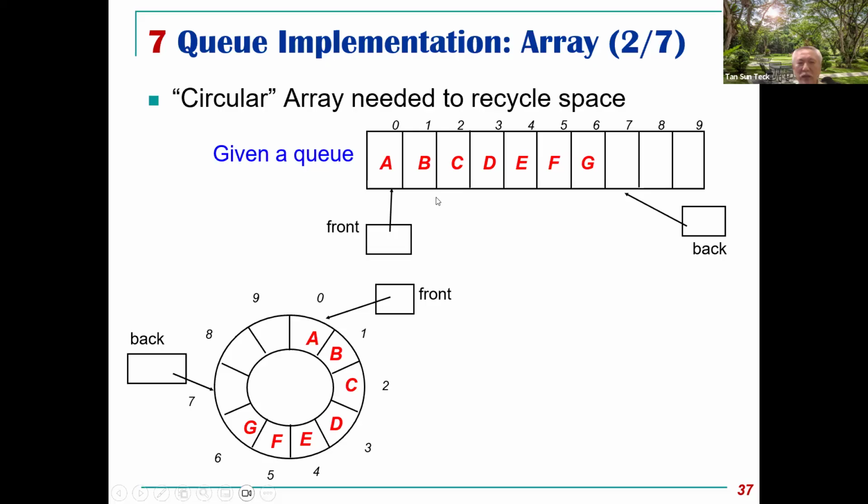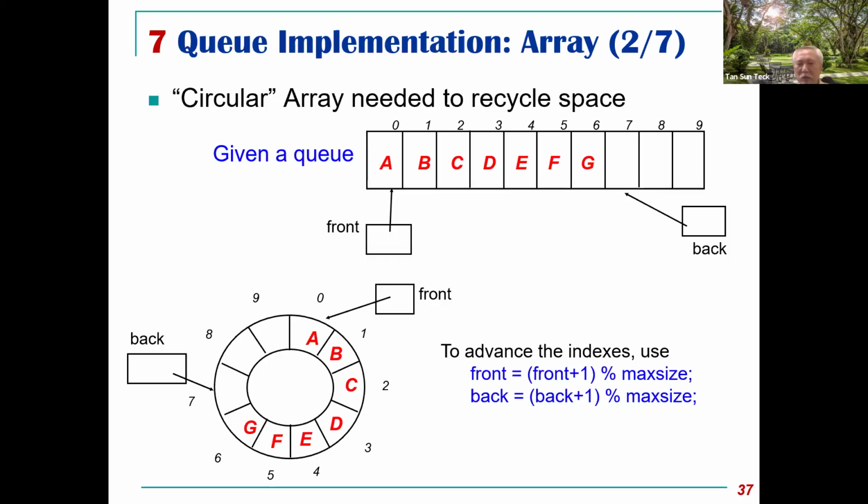So instead of using a linear array, we make it become a circular array. Meaning that when the front reaches the end and the back reaches the end, the back can actually go to the front and point there, assuming all these empty spaces in front are actually at the back of the queue, right? So then you have a circular array so that you don't waste the memory spaces. So sometimes we say that this is actually recycling the space.